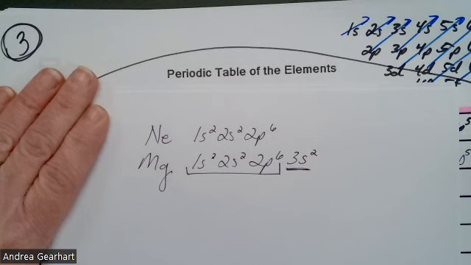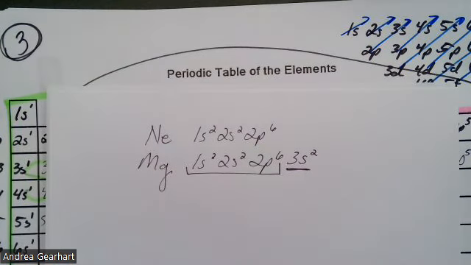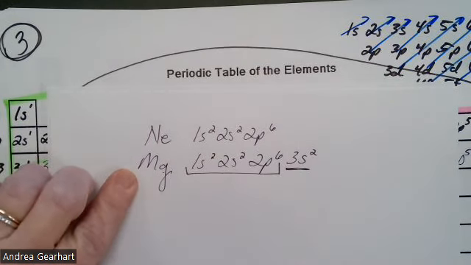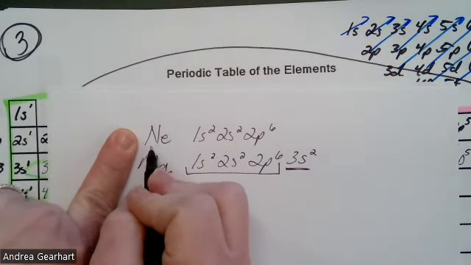A shorthand way that we can write electron configuration: you take your element and you begin with the noble gas that's in the period above it. So magnesium is in period 3. We go up and over to the noble gas, the 18th column, and we get neon.